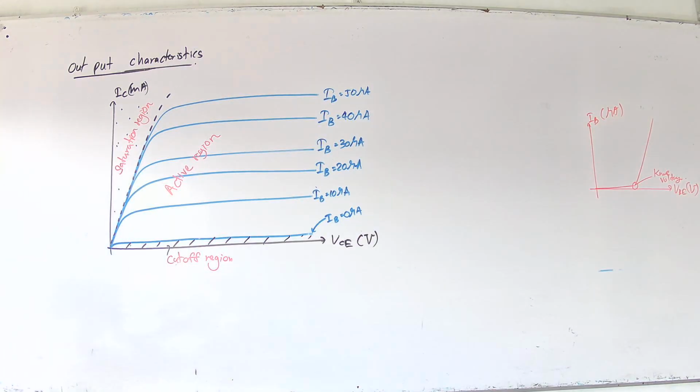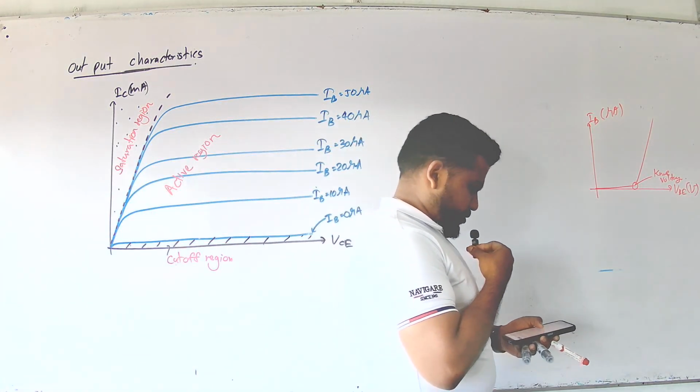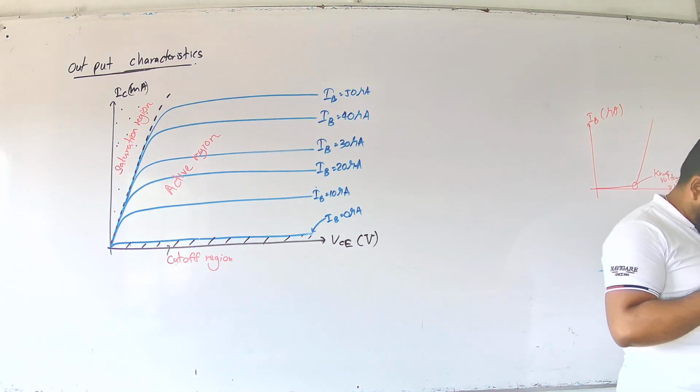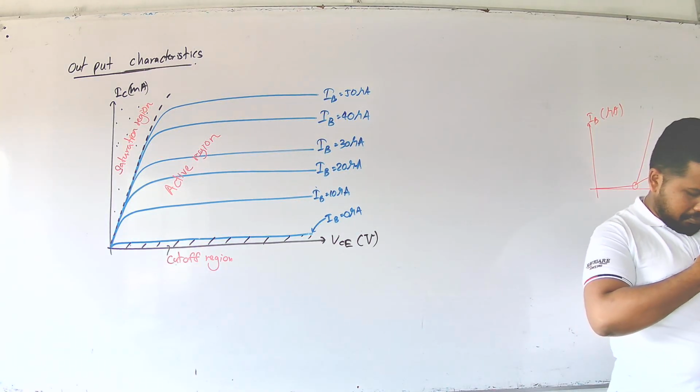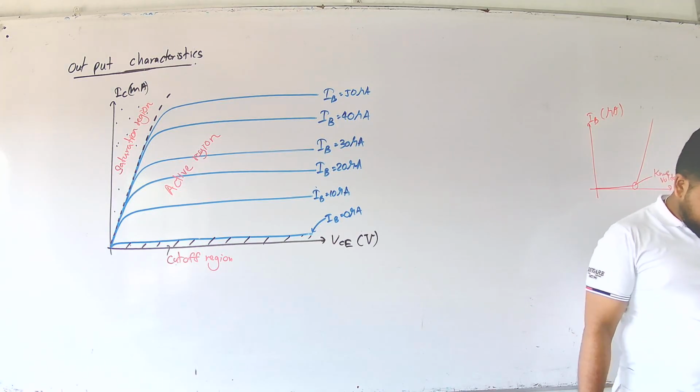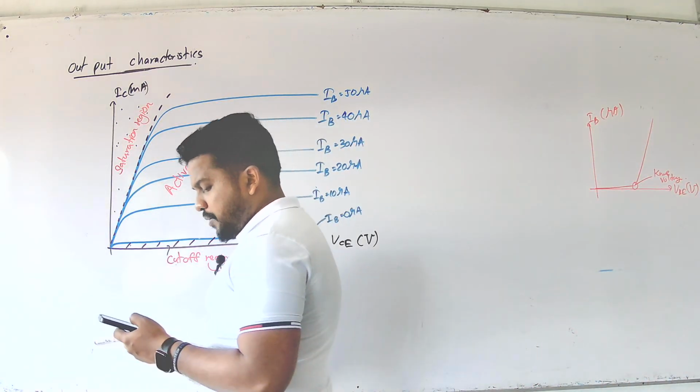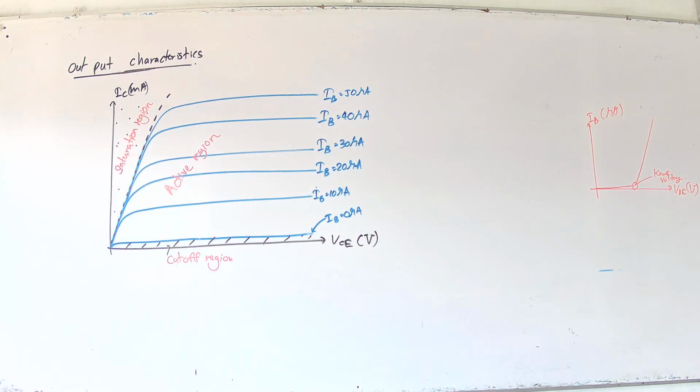It is seen from these curves that IC becomes constant after some small value of VCE.